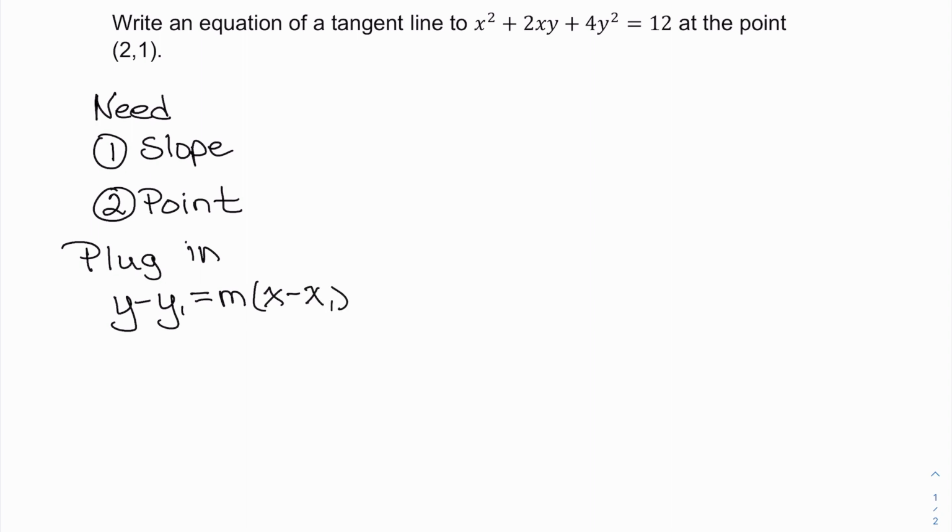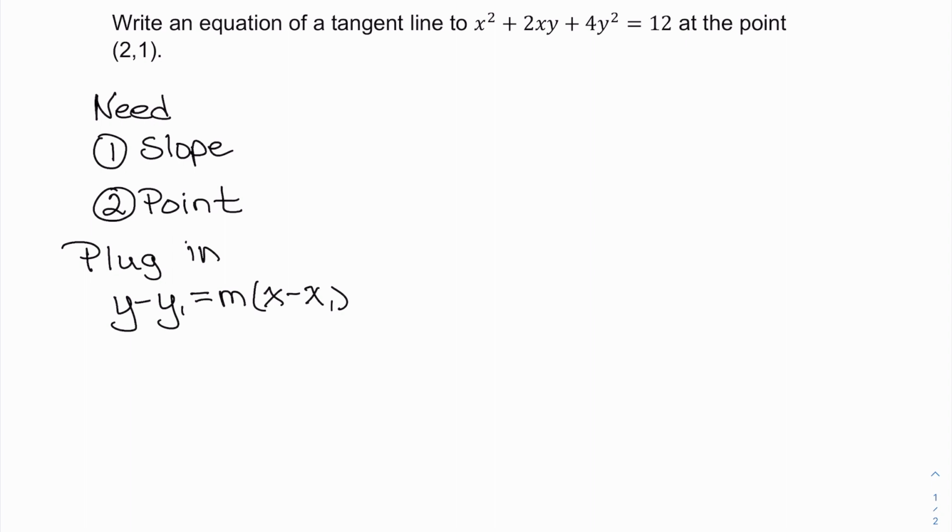Let's look at the first thing, the slope. Recall that the slope of a tangent to a curve is given by the value of the derivative there. So we need to find the derivative of our mathematical relation.